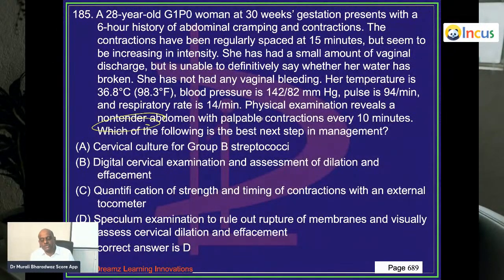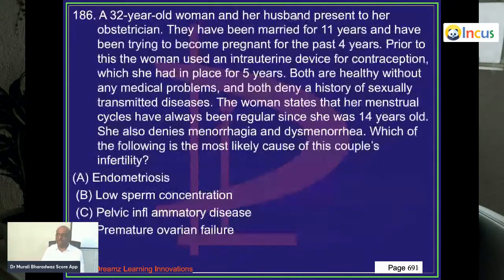One of the greatest challenges in managing a pregnancy is premature rupture of membranes, PROM, and that leading to the development of chorioamnionitis. So do speculum, rule out premature rupture, visually assess the cervical dilatation and effacement, whether it is good enough to induce labor or not, because she is already how much? 30 weeks gestation, right?